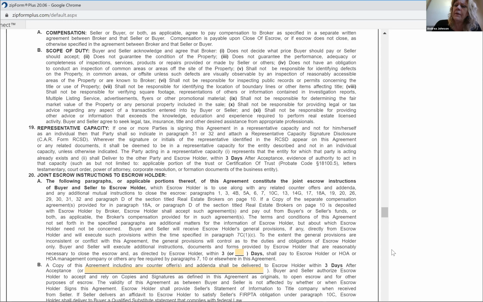I don't know if they give a calculation. I know that in the natural hazard disclosure reports, which have also taken upon themselves to disclose other statutory things like Mello-Roos bonds and so forth, they always have a calculator for the supplemental tax bill, so that you can get an estimate of it that way.